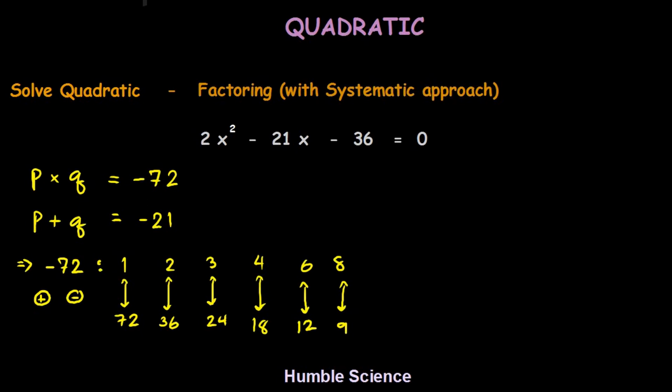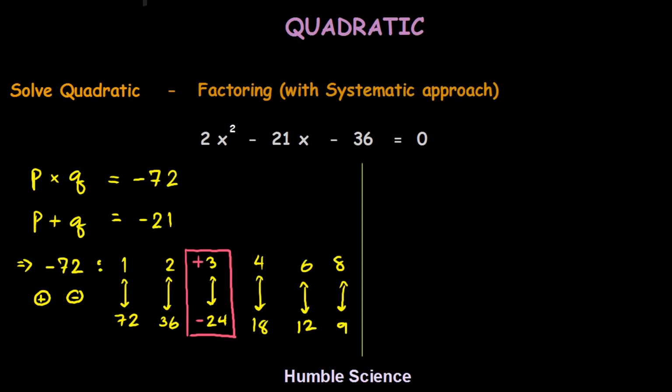In order to add a couple of numbers up and give minus 21, we can use plus 3 and minus 24. And this is going to be the pair that we will be interested in.